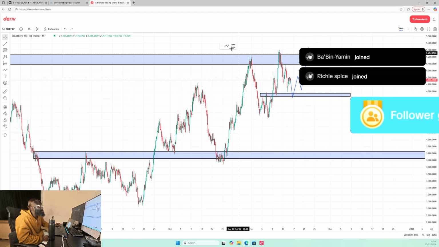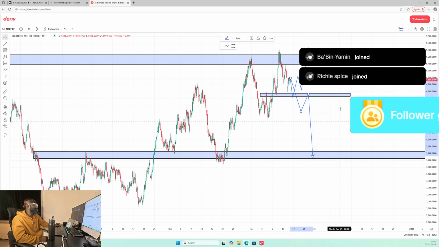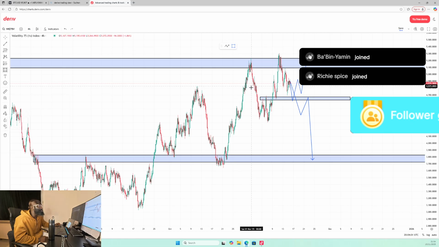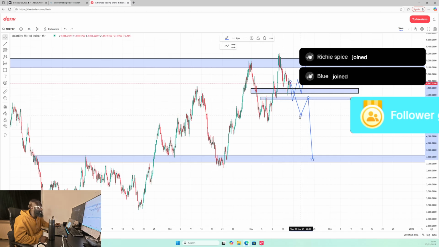Now, if I'll be looking for a sell opportunity, I want this downtrend to break below this last support and come back for a pullback. That is when I'll be looking for my sell opportunity. So it's either I'm buying from this support here when price presents itself, or price will drop below this support, pull back to it, and then I'm selling below this support.